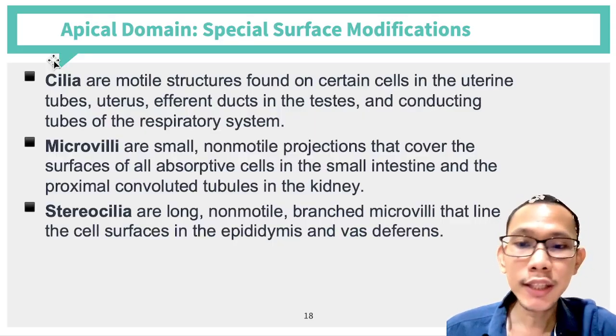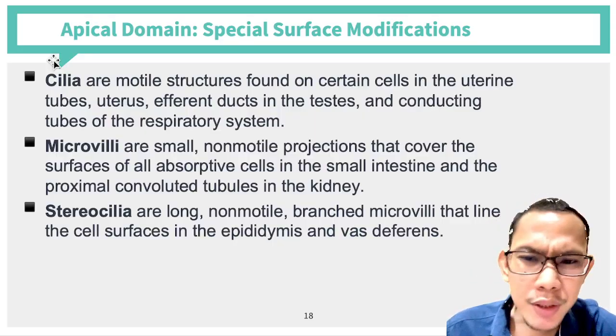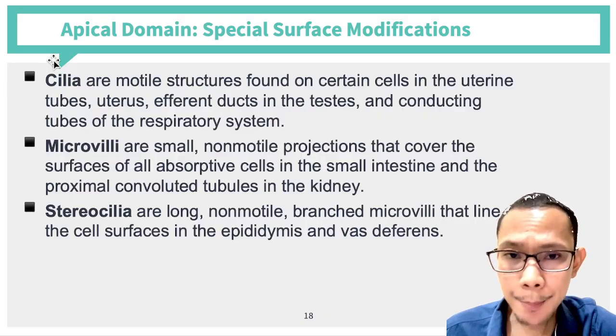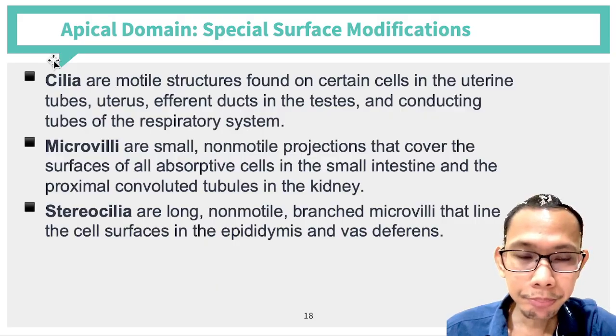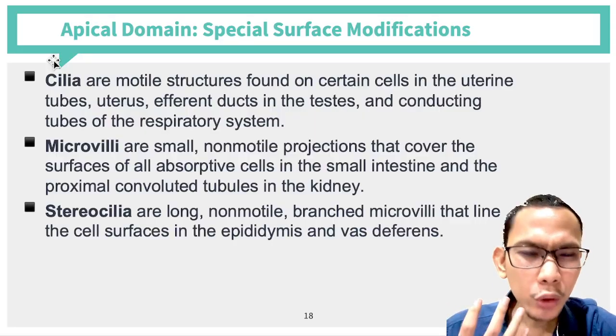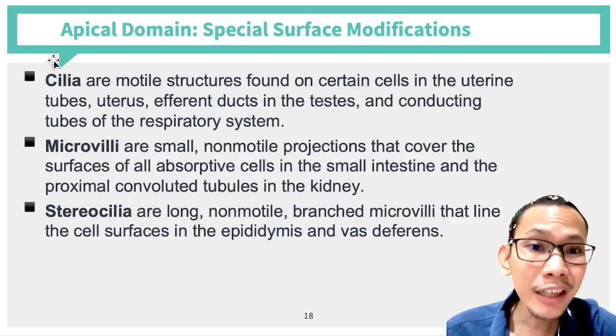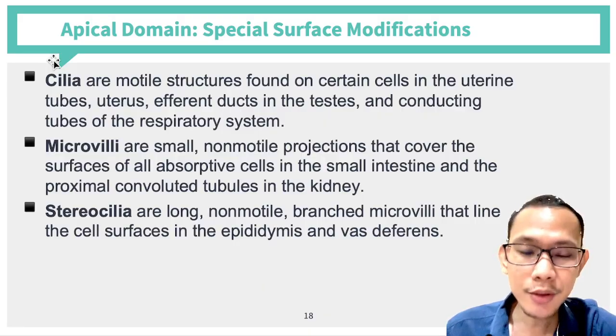Now, my question is, what's the purpose of your cilia in your respiratory system? Why do we need cilia? Of course, remember, when you inhale, you can inhale possible foreign bodies or toxic bodies.